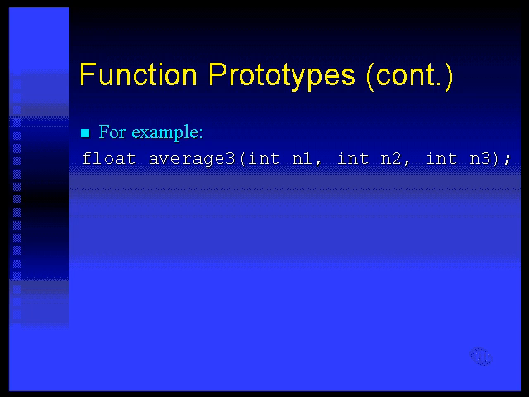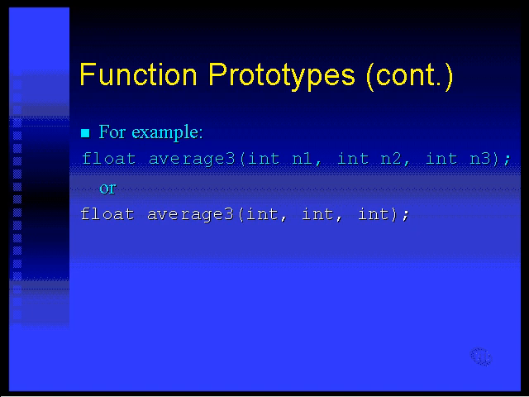That is a prototype. There's actually another form for a prototype as well. It's very similar. Let's have a look at that. It's exactly the same, but without the variable names in it. It's possible to omit the variable names here because the compiler itself is concerned with the correct calling of the function.